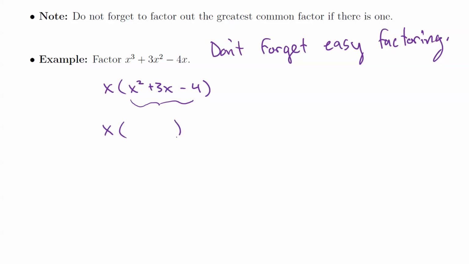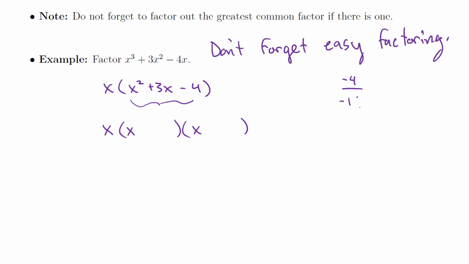So if it factors further, it would have to look like this, of course. An X there and an X there. And here, let me maybe make my more abbreviated list. How do I make negative 4, understanding that because the middle term is positive, the larger value is the positive number?